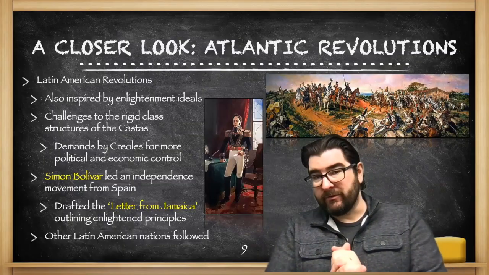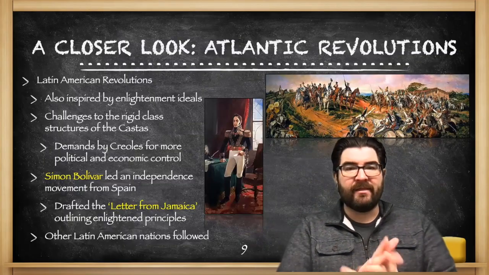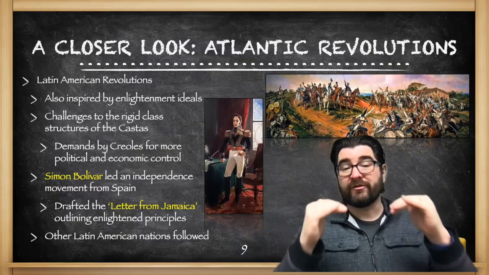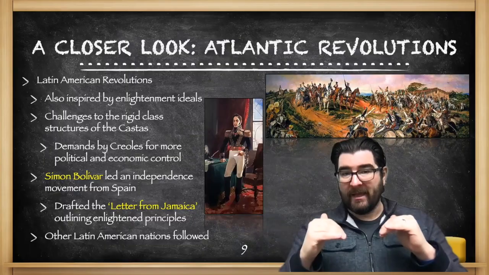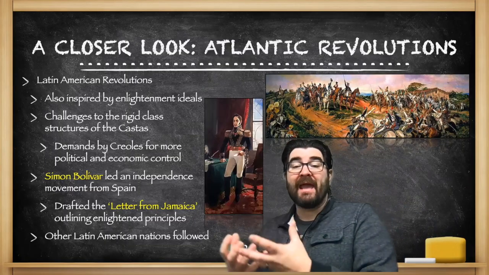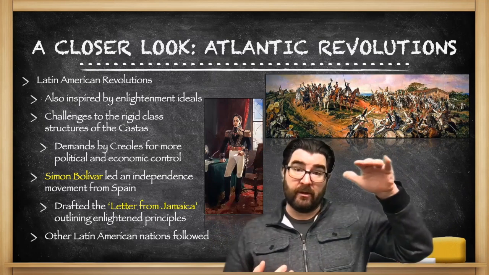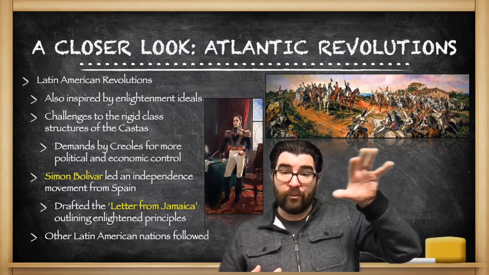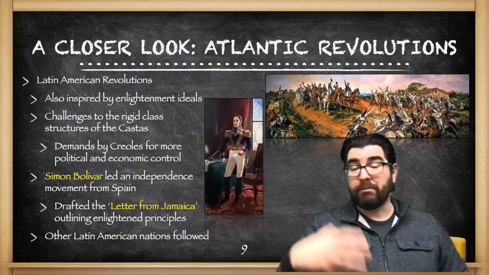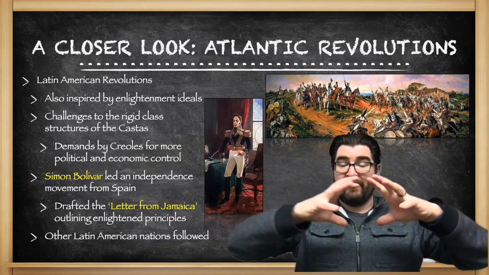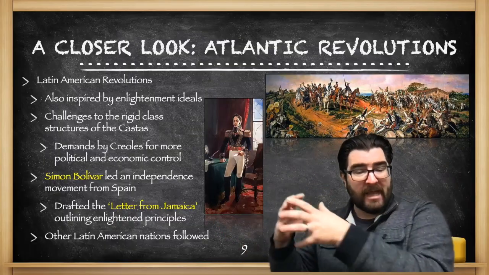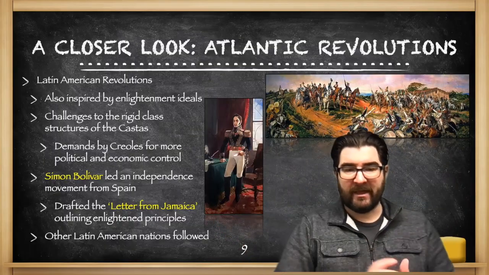The Latin American revolutions, also inspired by the Enlightenment, challenged the rigid social structure of the caste system in Latin America. The Latin American revolutions were led by demands by Creoles. Remember, those are the sons of Europeans born in the Americas who wanted more political and economic control, as their numbers grew and Peninsulares became a smaller proportion of the population.